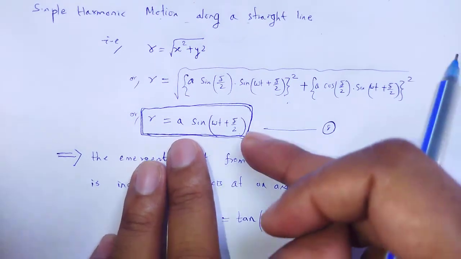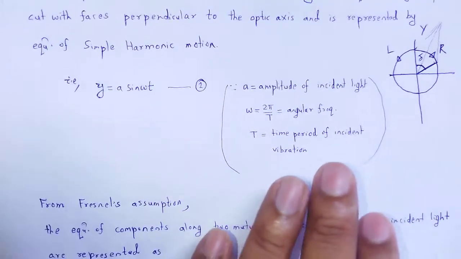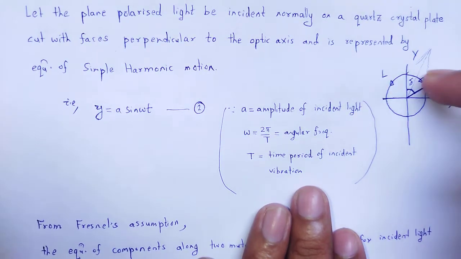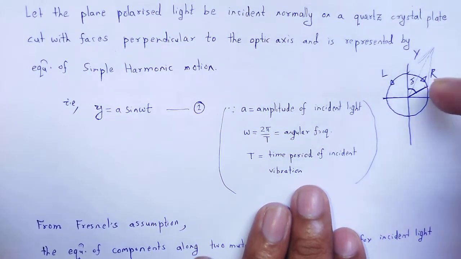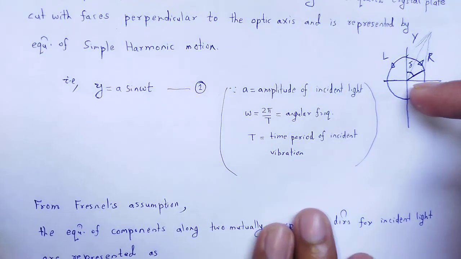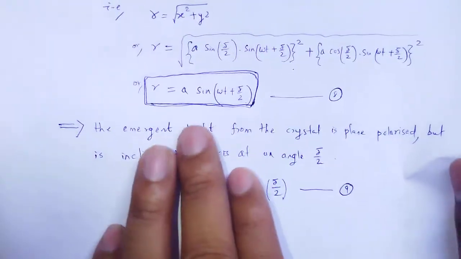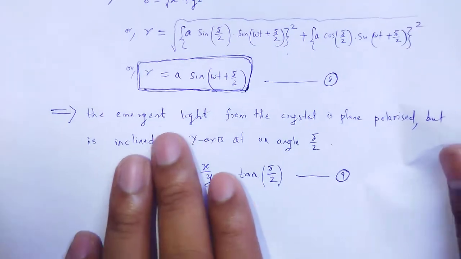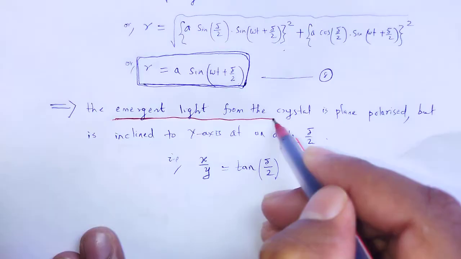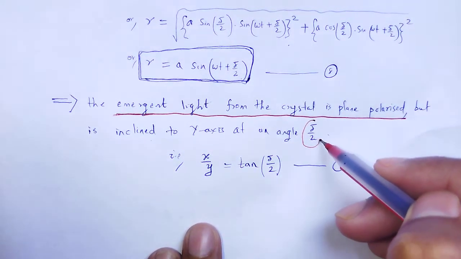So it is proved that when plane polarized light is incident on an optically active crystal, for example a quartz crystal, it is divided into two circularly polarized components, and finally we obtain plane polarized light again. So the emergent light from the crystal is plane polarized, but it is inclined to the y-axis at an angle delta by 2.